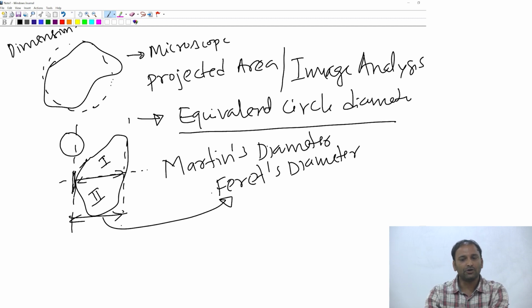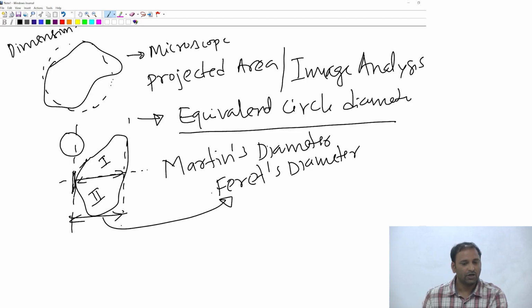For example, I'm able to discuss the equivalent circle diameter, Martin's diameter, Feret diameter, because there's a microscope, I'm able to capture the image, this is a projected image of the particle, and there's access to image analysis, and I can easily calculate the projected area, equate that to pi r square, and back calculate the radius.